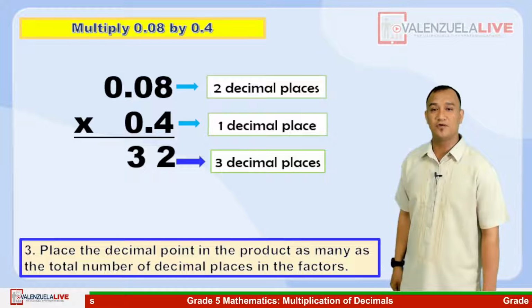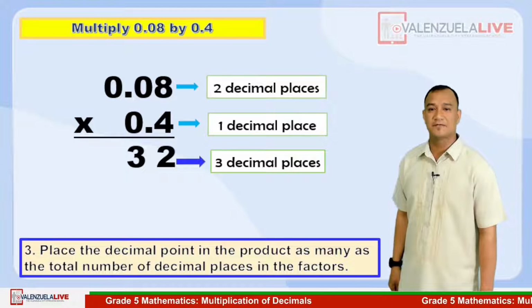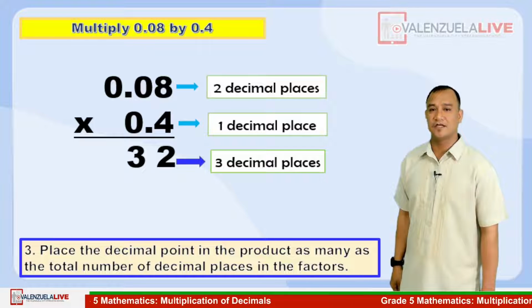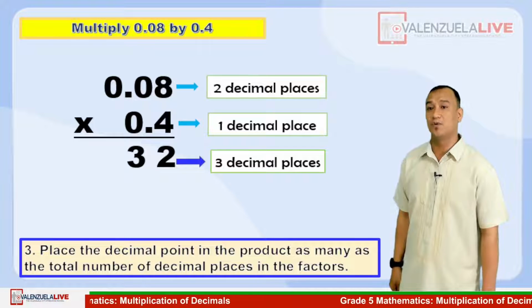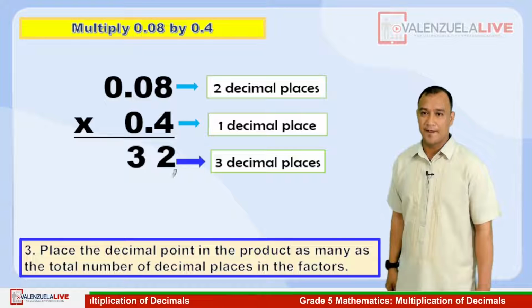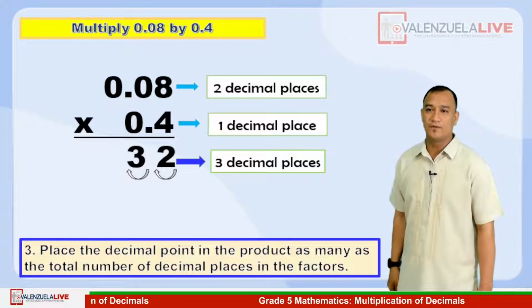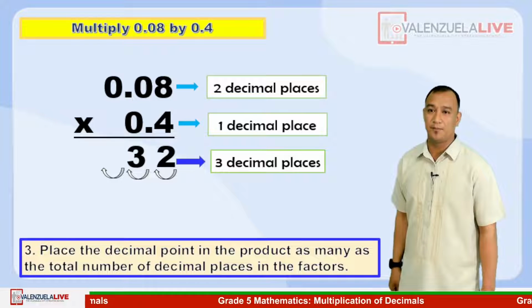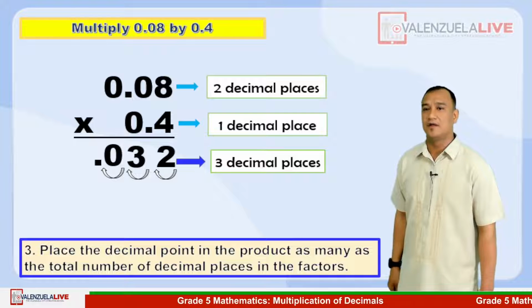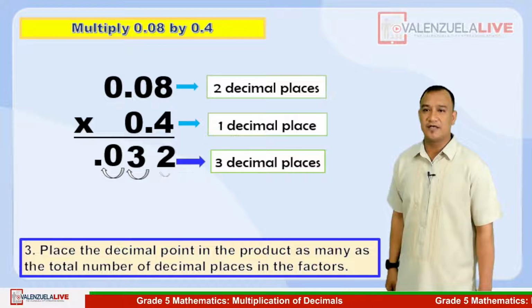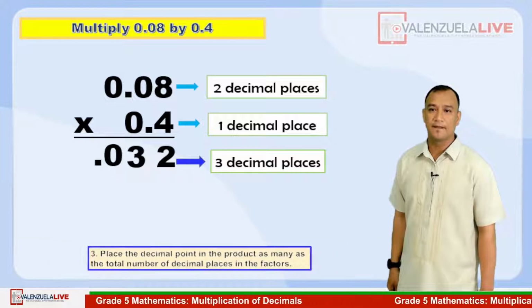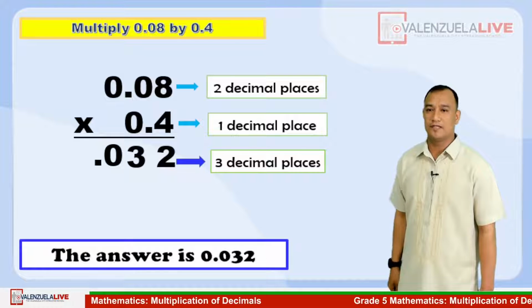So, the proper way to find the answer is to add 0 on the left side of the factor as its place value holder. So, let's begin. 1, 2, and another 1, and put 0. Then, the answer is 32 thousandths.